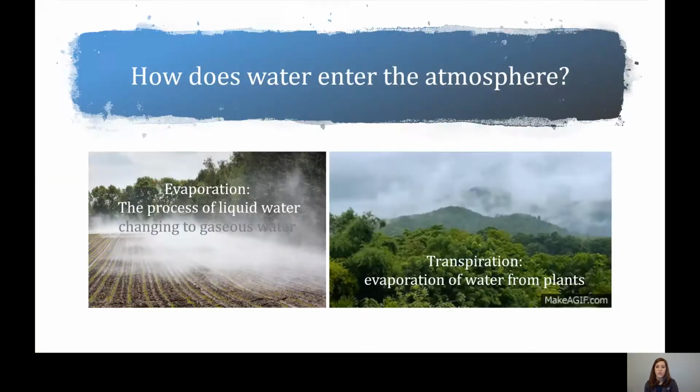Now another way that water can enter the atmosphere is through transpiration. And what you're seeing in this animation is actually a time lapse of clouds or water vapor forming over the rainforest, in the Amazon rainforest. Transpiration is the evaporation of water from plants.